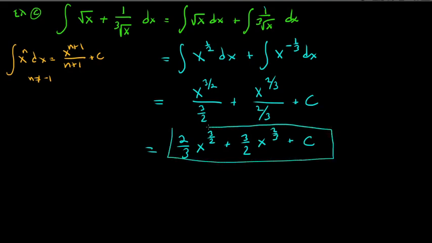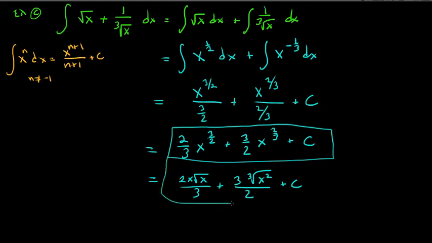You can leave it like this. Or if you insist on writing it in terms of radicals again, you could write this as 2 times x times the square root of x all over 3, and here you can write this as 3 times the cube root of x squared over 2, plus c. Personally, I am not picky about this.